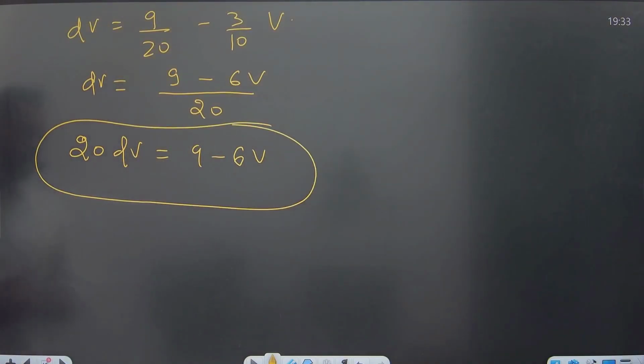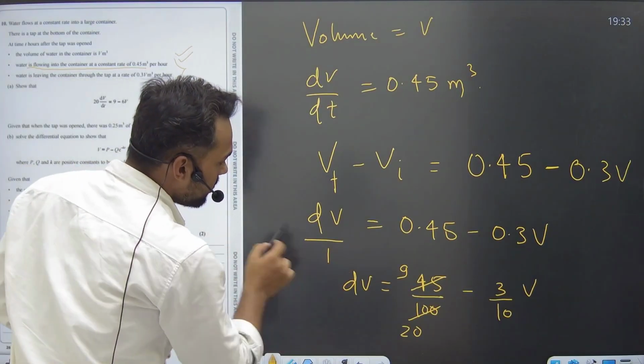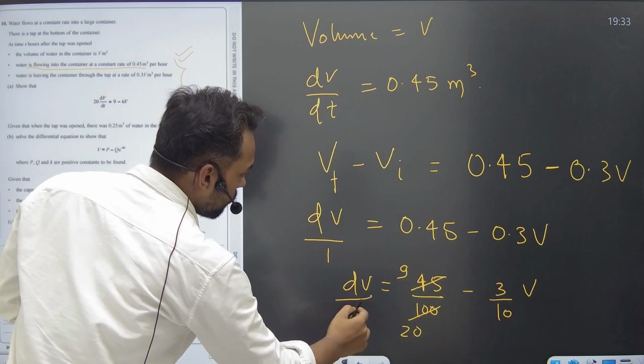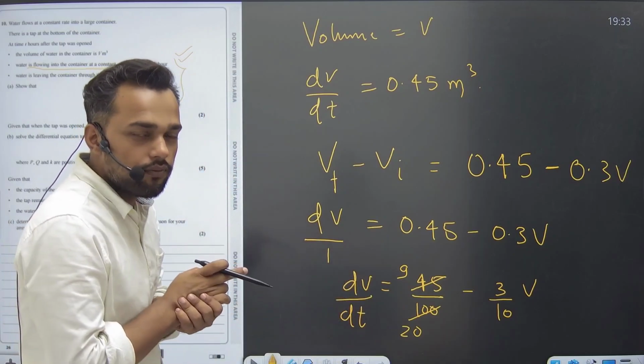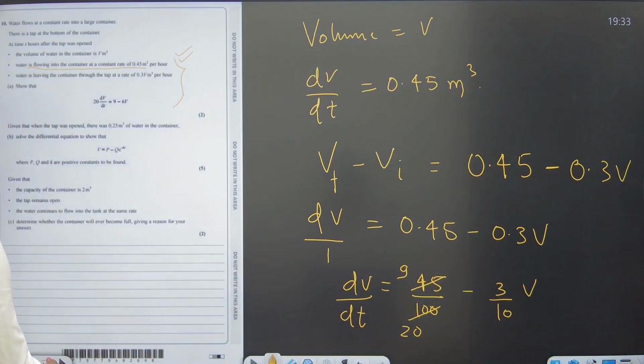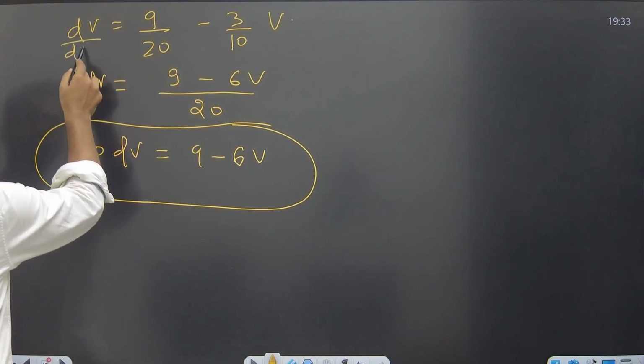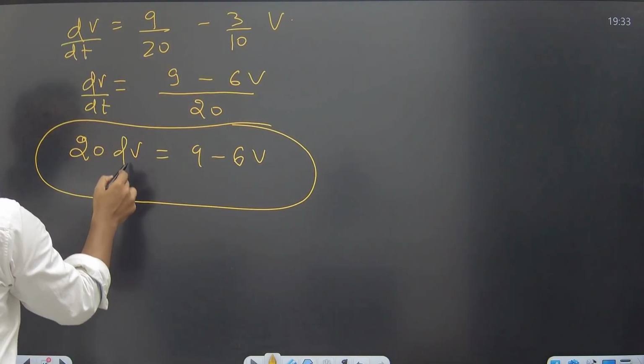20 dV is equal to 9 minus 6V. As I have already told, I have taken dt as 1 here. If you don't want to put the value of dt as 1, you can just write dt, so dV by dt as well.